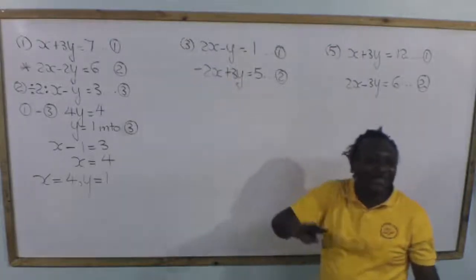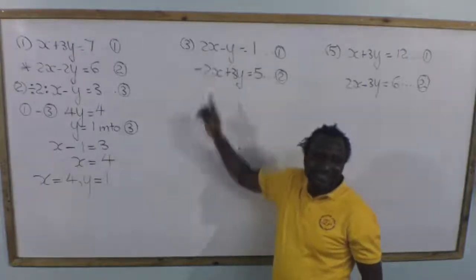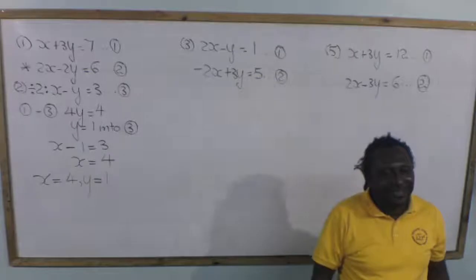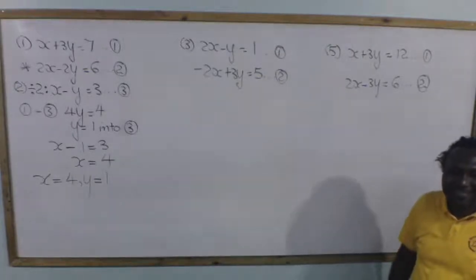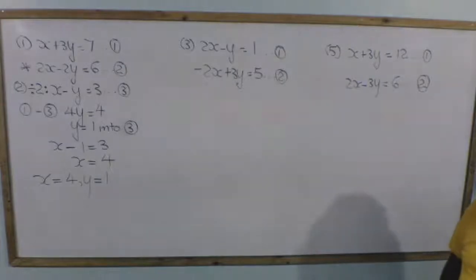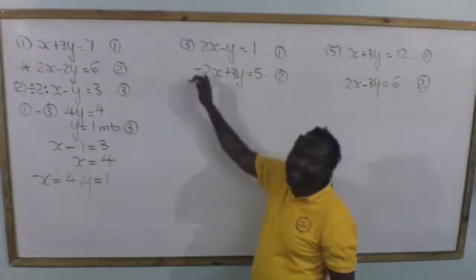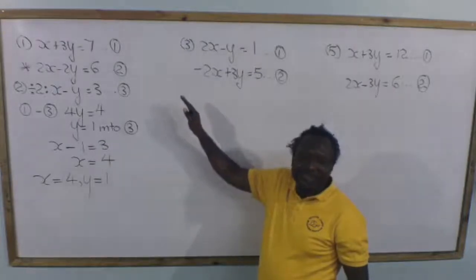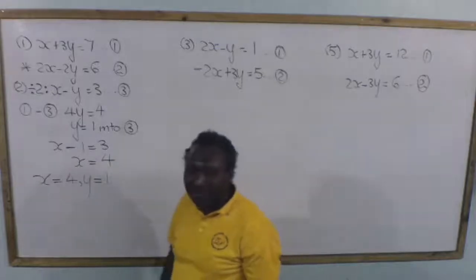What do you notice here? Because we're going to go immediately to the next one. What do you notice here? Similar equation. Okay, good. But they have different signs. Additive inverses. So they are additive inverses.